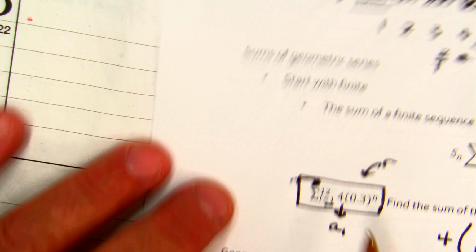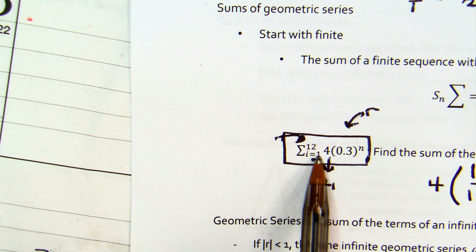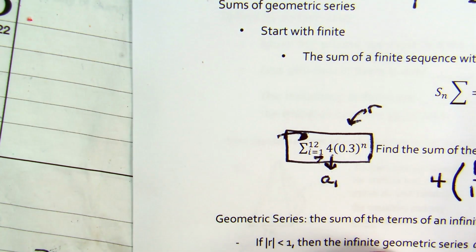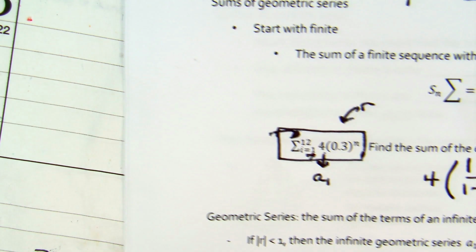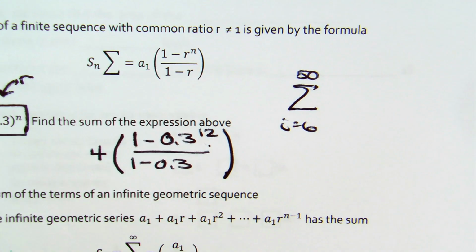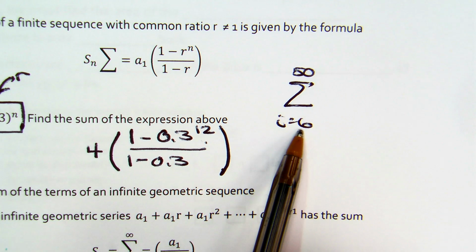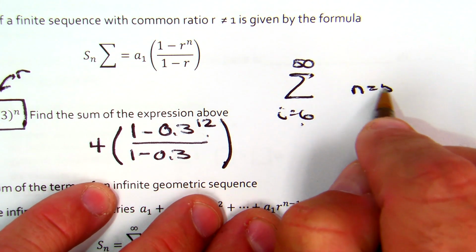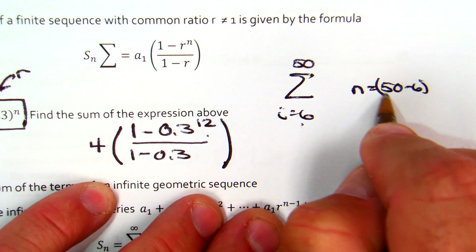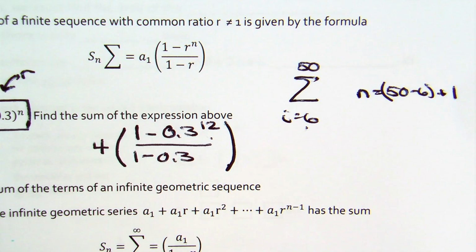Now, if that wasn't 1, let's give an example. Let's say they say i equals 6, and this is 50. If that's not 1, to get n, just subtract the two numbers and then add 1 at the end.